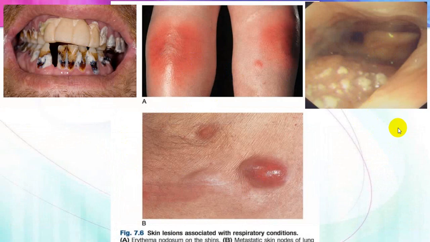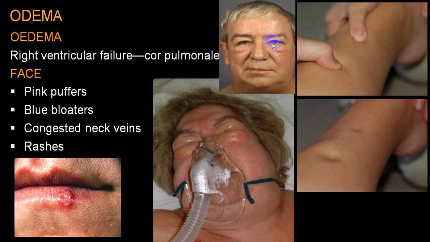You can see that. This is puffiness of face. This is angioedema, which is more likely to have laryngeal edema simultaneously, and this is very common in anaphylactic shock. Puffiness of face is also very frequent in congestive heart failure. You can also see puffiness of face in superior vena cava obstruction.